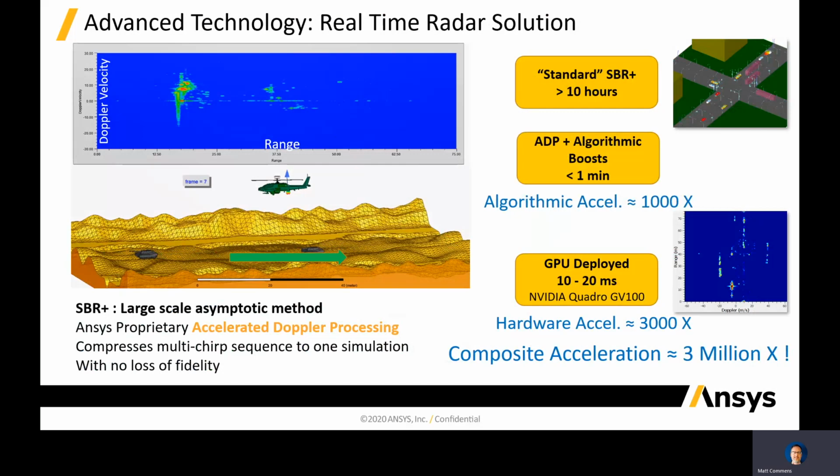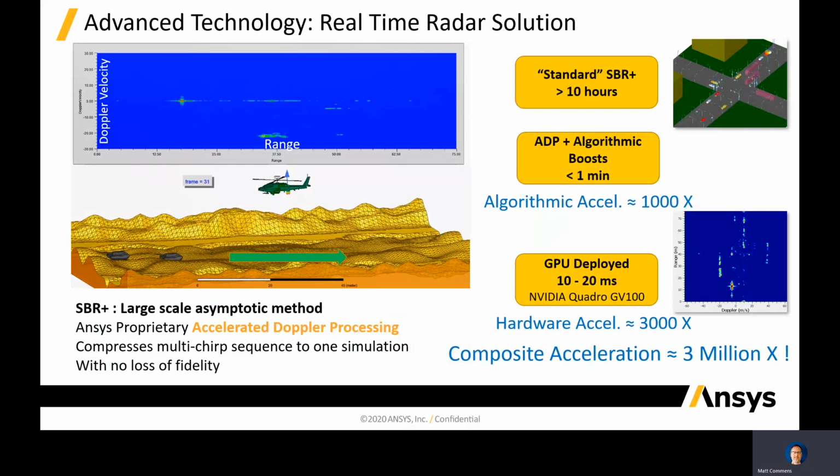It's really amazing, but even this complex simulation scene with standard SBR Plus could take over 10 hours. Now, with the addition of ADP plus some additional algorithmic boost, we can get that simulation down to a minute, but that's still not good enough for real-time radar. That's still not good enough for duplicating what can be done on the test track, where you can take up to 30 frames or more a second.